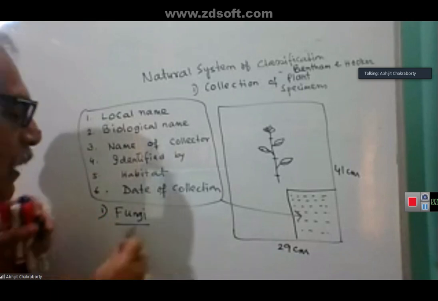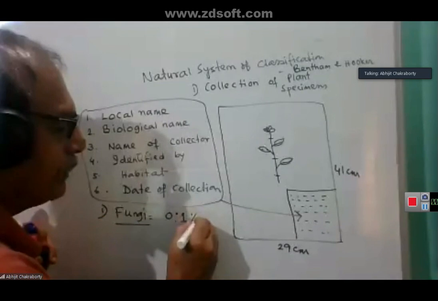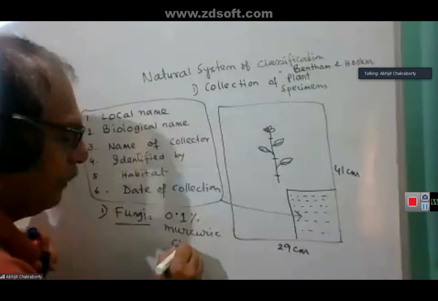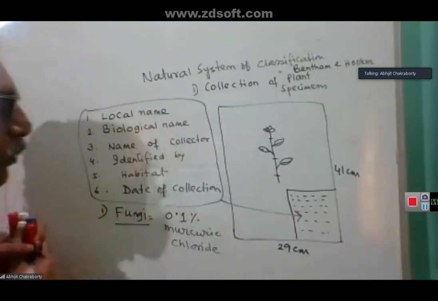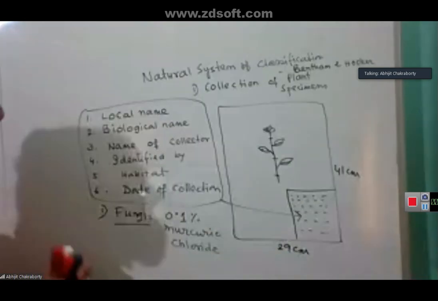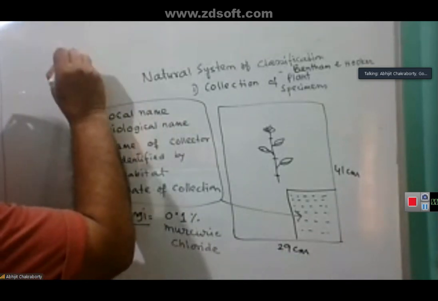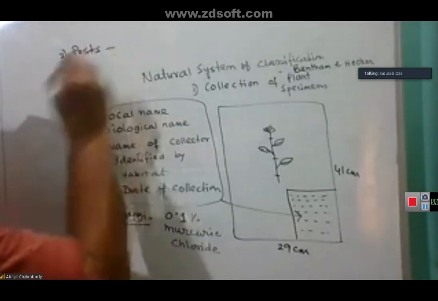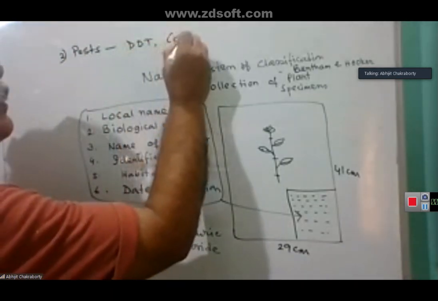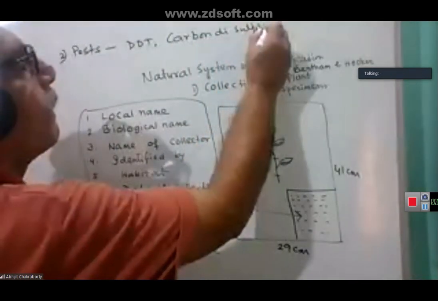To protect it from fungi, 0.1% mercuric chloride may be used. Second, for pests, DDT or carbon disulfide may be used.